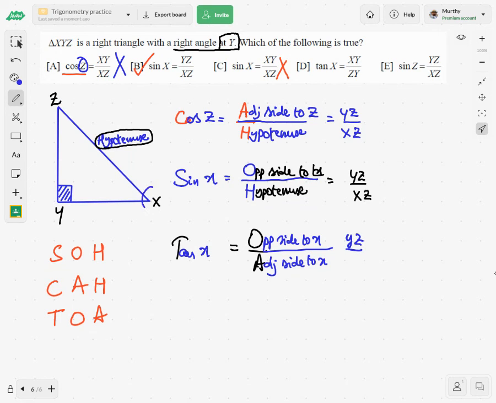The adjacent side to X, other than the hypotenuse, is the other side, XY. So YZ over XY. Now, is this matching with XY over ZY? No. Therefore, not even this one.